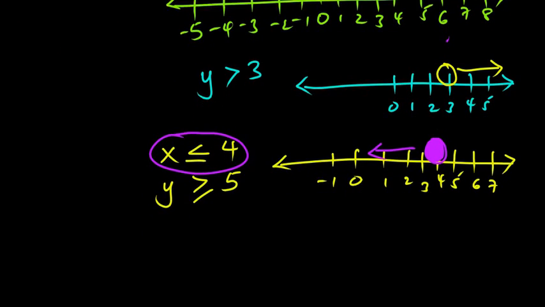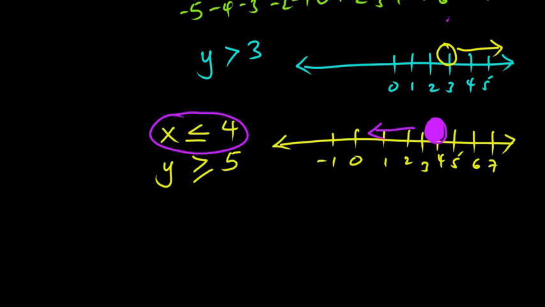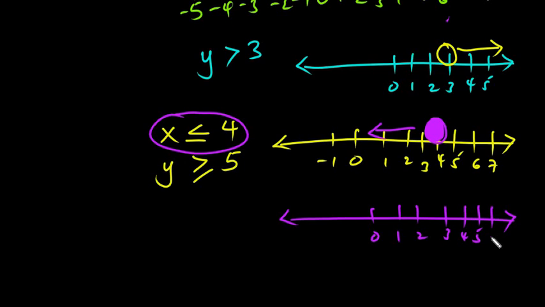What about this other one? Probably you can try to do it by yourself. Okay, let me draw another small number line. So we have 0, 1, 2, 3, 4, 5, 6, 7. So we have y is greater than or equal to 5.